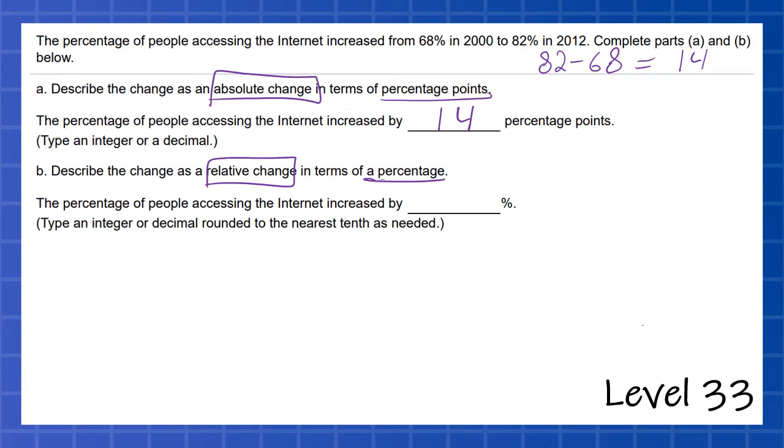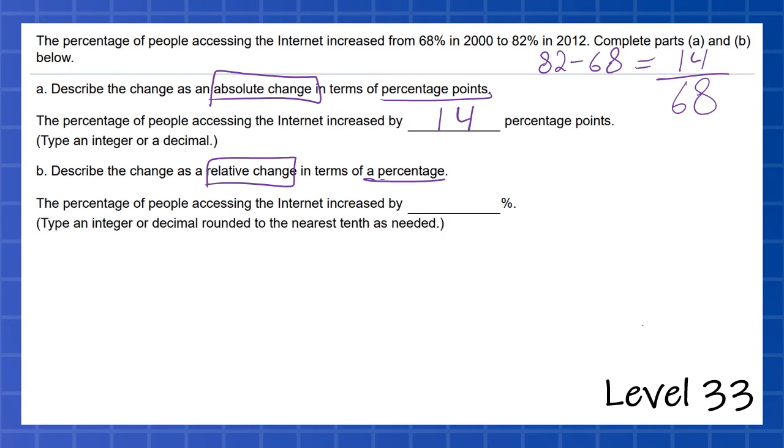Now in relative terms, I take that absolute change and I divide by what I started with. And when I do that, that percent is what's going to go right in there. I'm going to use my handheld calculator and figure this one out. 14 divided by 68.